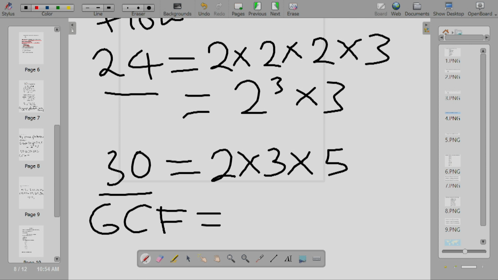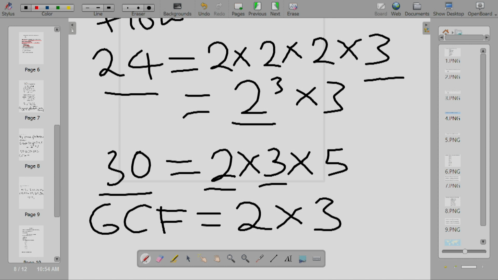For example, number 2 appeared in number 24, and also number 2 appeared in number 30. So it will be 2 times, also number 3 appeared in both 24 and 30. So it will be 2 times 3.